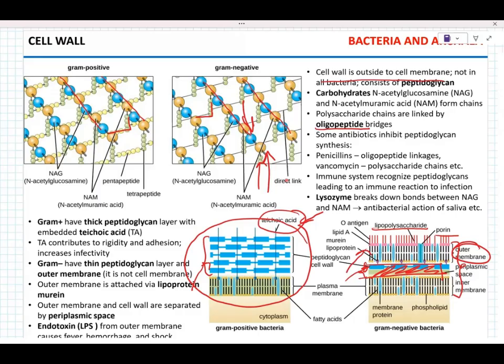Gram-positive contains teichoic acid, while gram-negative membranes contain lipopolysaccharides. Okay? Our attention to cell wall is not accidental, because a lot of antibiotics, such as penicillins, cephalosporins, bacitracin, vancomycin, target the synthesis of the cell wall.